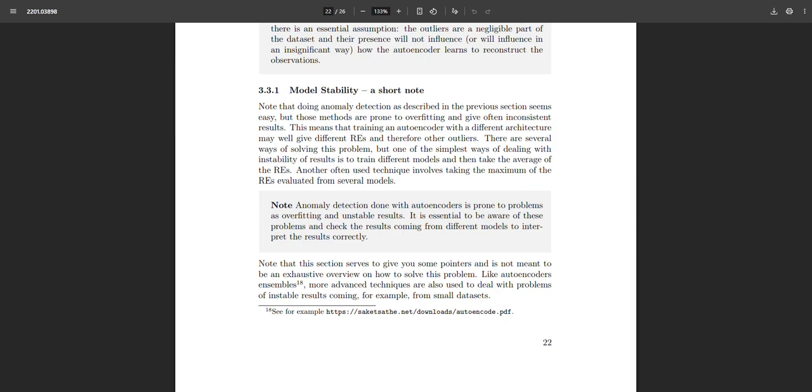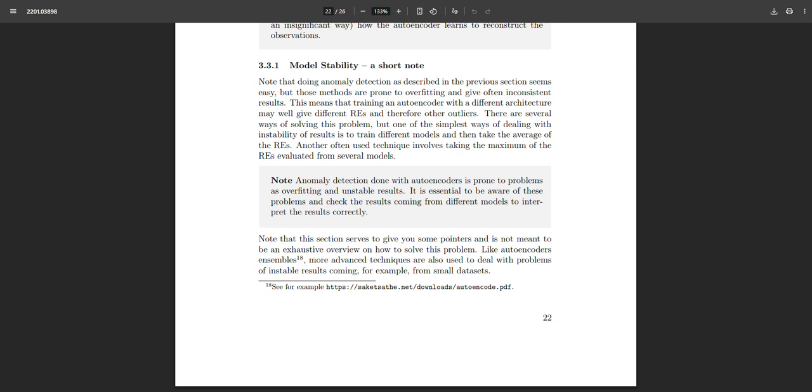While the anomaly identification process seems straightforward, high reconstruction error equals anomaly, it's essential to understand a critical caveat. These methods are prone to overfitting and can give unstable results. But what does this mean?